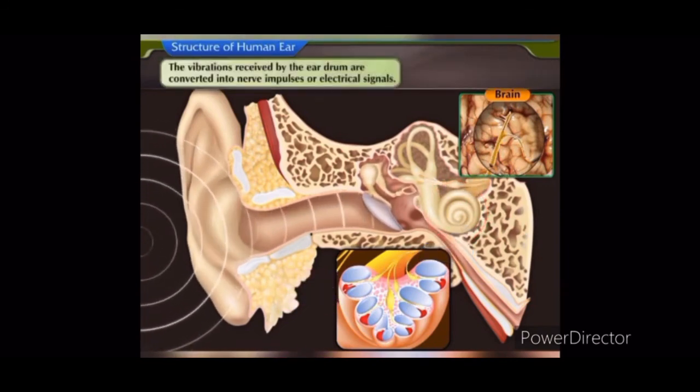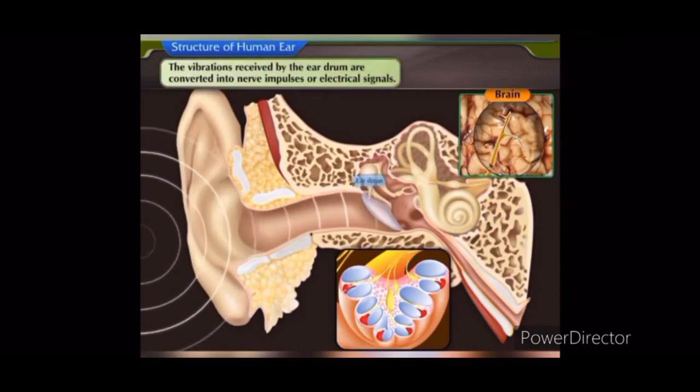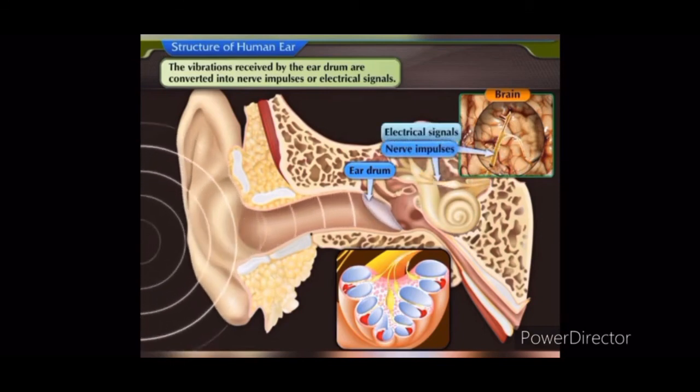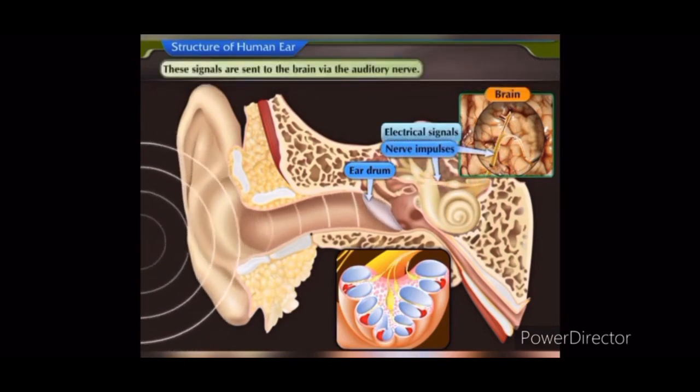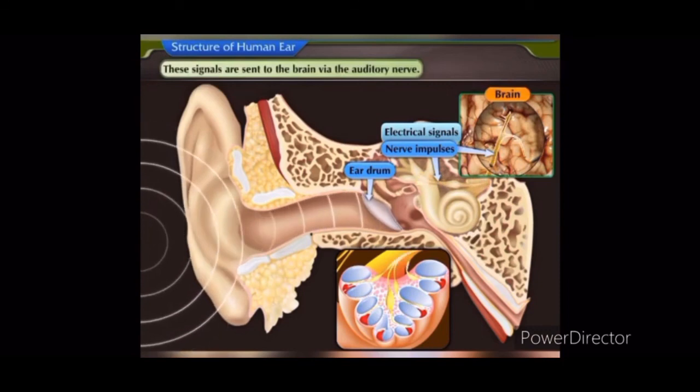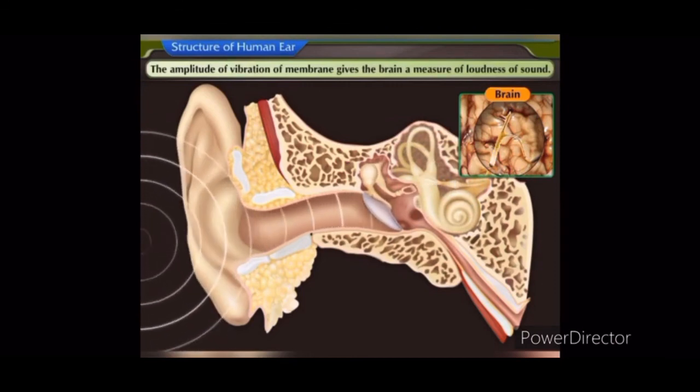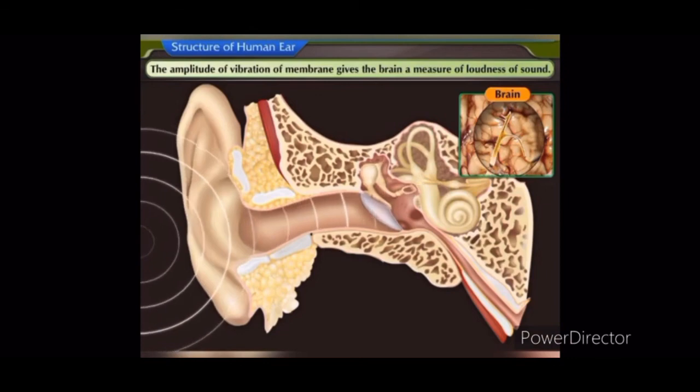In the cochlea, the vibrations received by the eardrum are converted into nerve impulses or electrical signals. These signals are sent to the brain via the auditory nerve. The amplitude of vibration of the membrane gives the brain a measure of the loudness of sound.